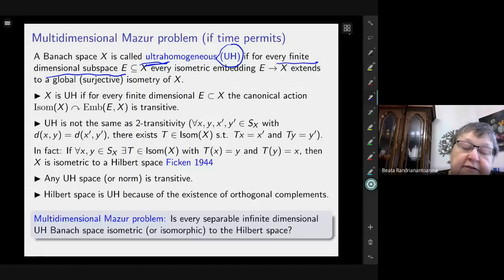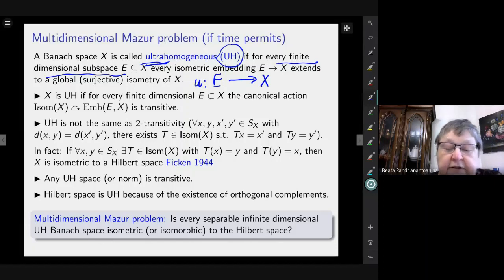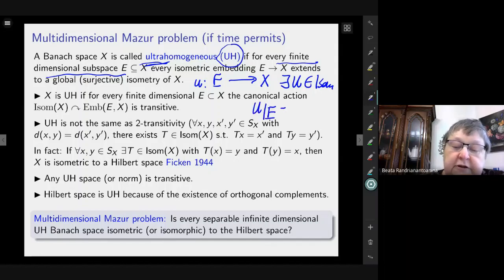So that means that if I have E and I have some linear isometry U that goes into X, then there exists a capital U in the isometry group such that U restricted to E is precisely this isometry.